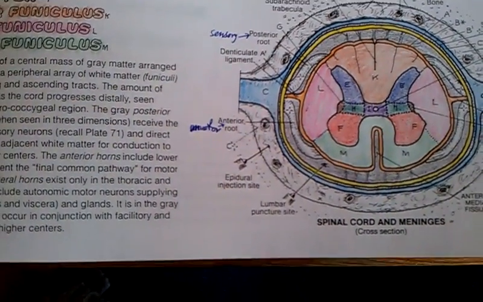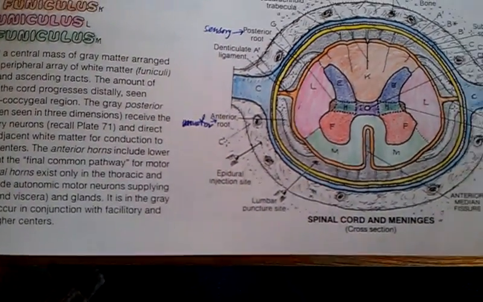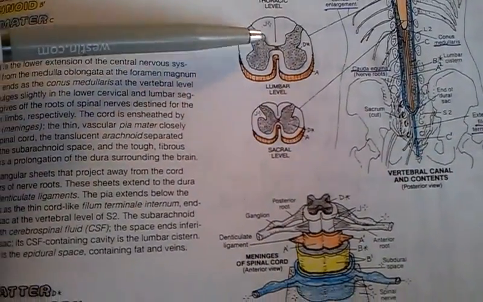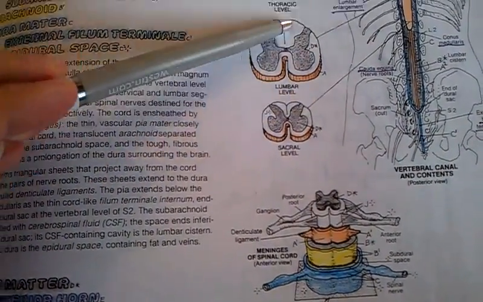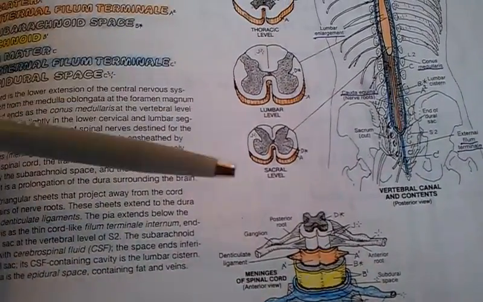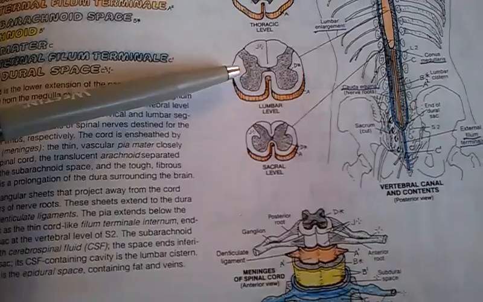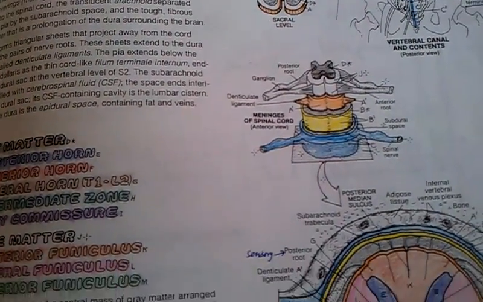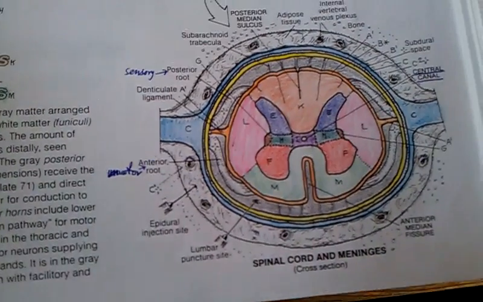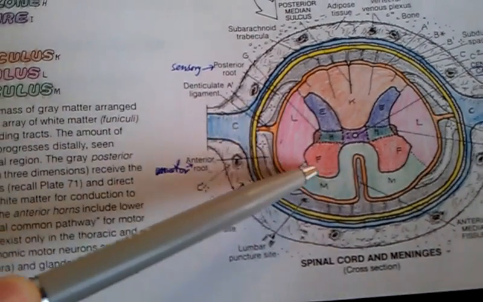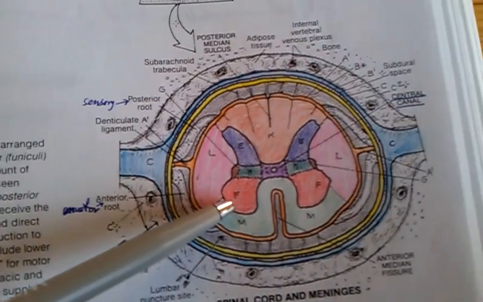The internal structure of the spinal cord: you have grey matter on the inside and white matter surrounding it. The grey matter creates anterior and posterior horns, and this is also the posterior horn, and this is the anterior horn.